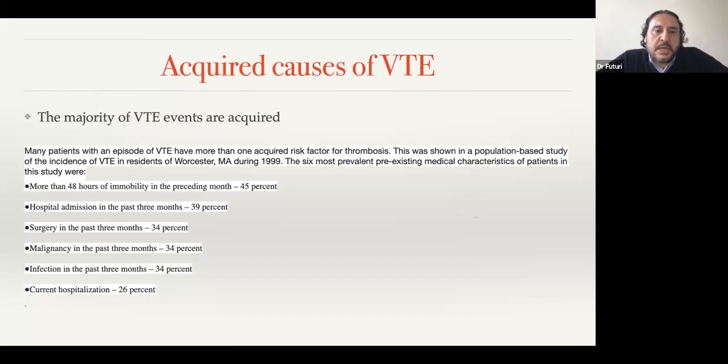And what they found, as you can see below, is that the most prevalent, certainly, were patients that had more than 48 hours of immobility in the preceding month. And immobility can be defined by multiple different factors. I had a patient that I saw recently that took a flight from South Africa to New York. This is a long period of immobility.